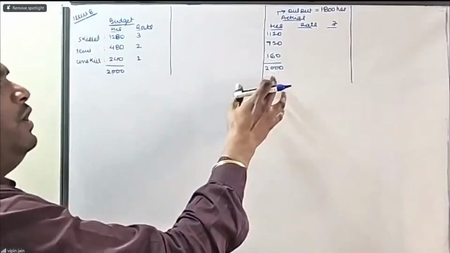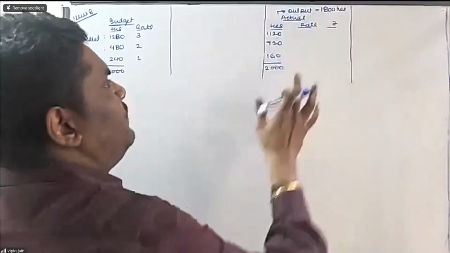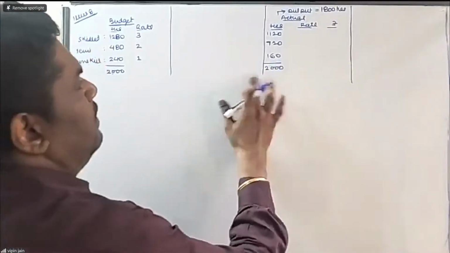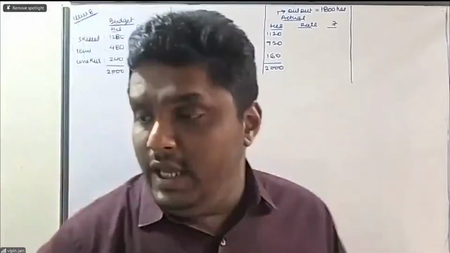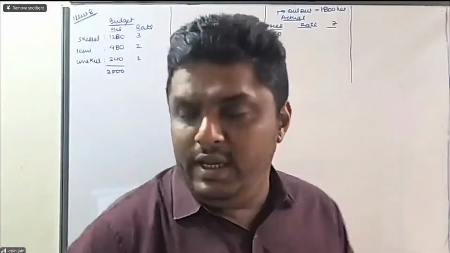Even though we work for 2000 hours, but the output is for 1800 hours only. Further, when talking about the rate, it is given 4, 3, and 2.